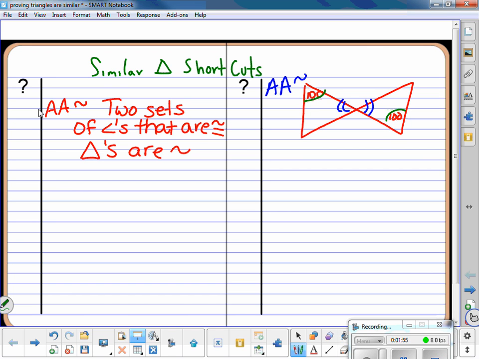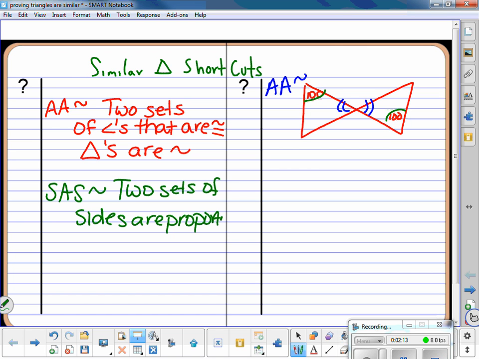The second one is called side angle side similarity. And that is when two sets of sides are proportional to each other. Basically, you know that means that the ratios are equal.